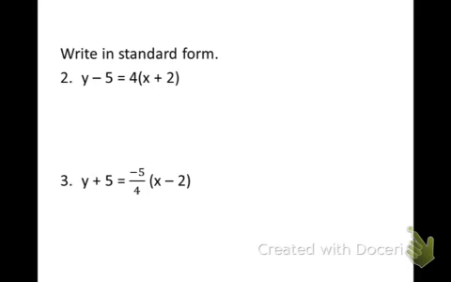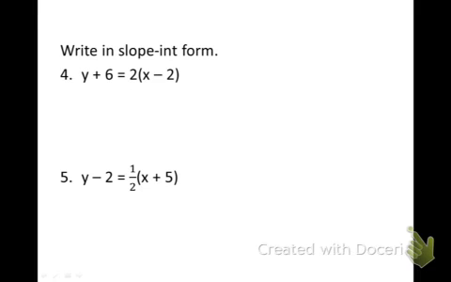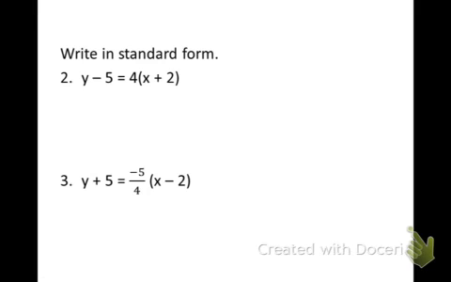Now the directions tell us to write in standard form. So again, remember standard form is ax plus by equals c. So we would need, and remember we can't have any fractions and all that stuff that we talked about.